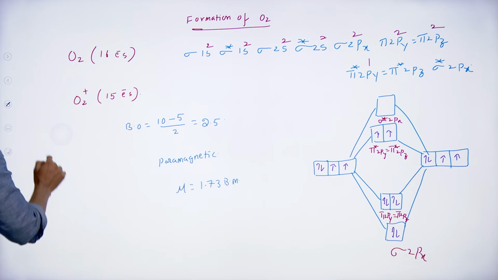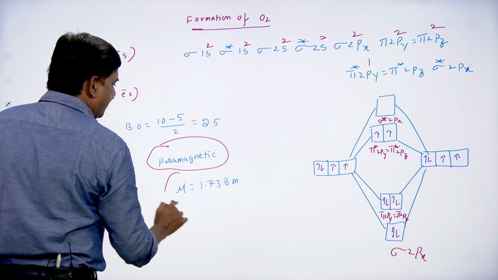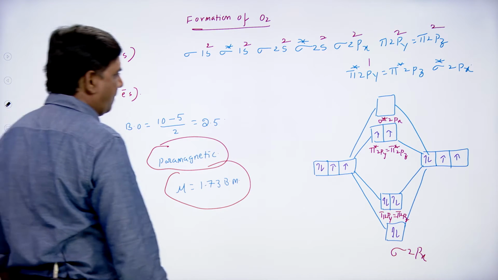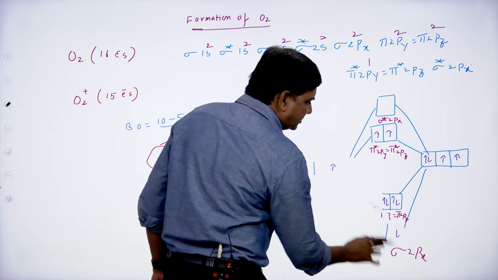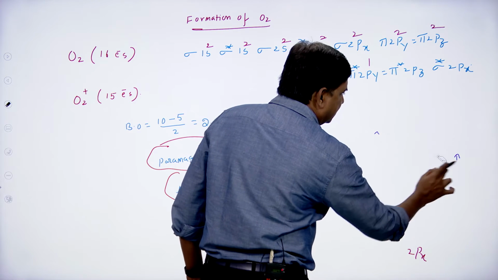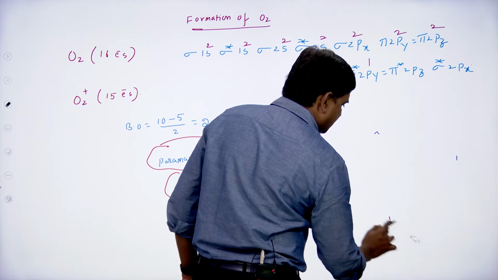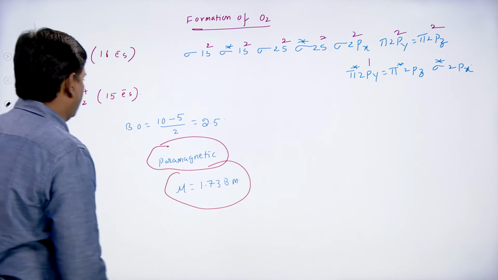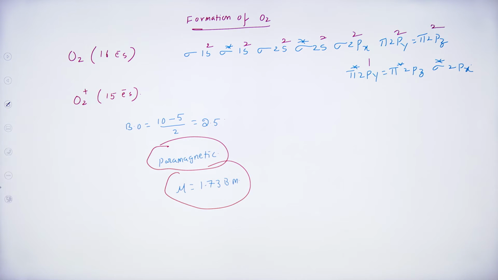This is the information related to the O2 plus. For oxygen species, we do not have to write the molecular orbital energy diagram.